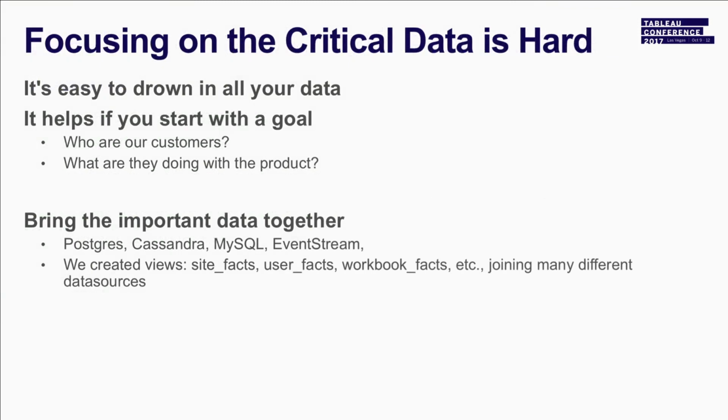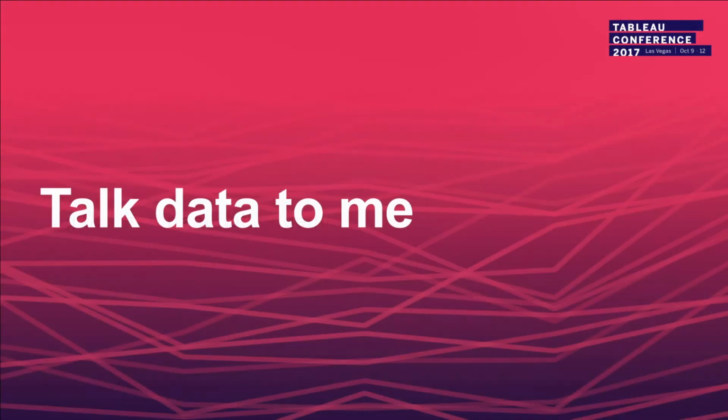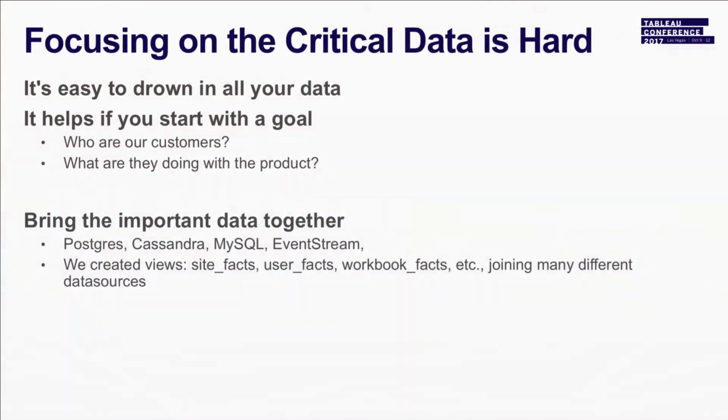But it is also true that now that we have data, we almost have too much data, and so it's easy to drown in. What is it that we should be looking at? Right? So it's important to consider the questions that you do want to answer with your initial work.